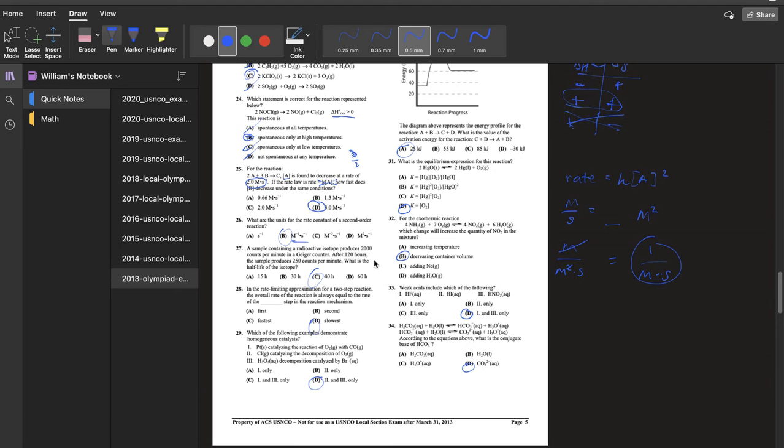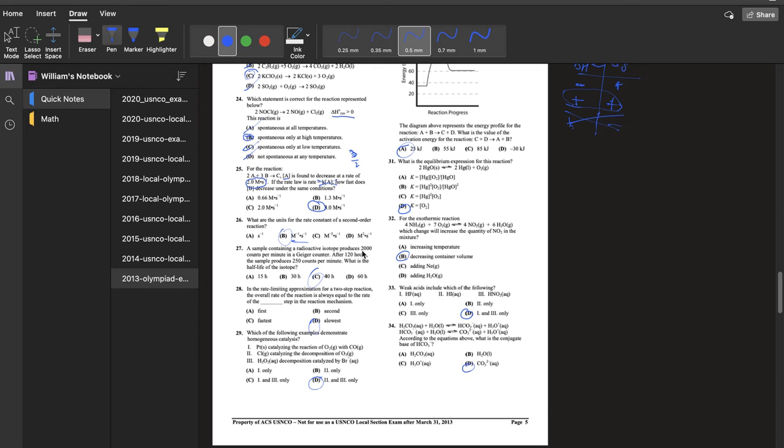Alright, for 27, the counts of a Geiger counter, basically what it's corresponding to is, I'm going to explain this really crudely, how much radioactive stuff has not decayed yet. Basically, what you have left to react.